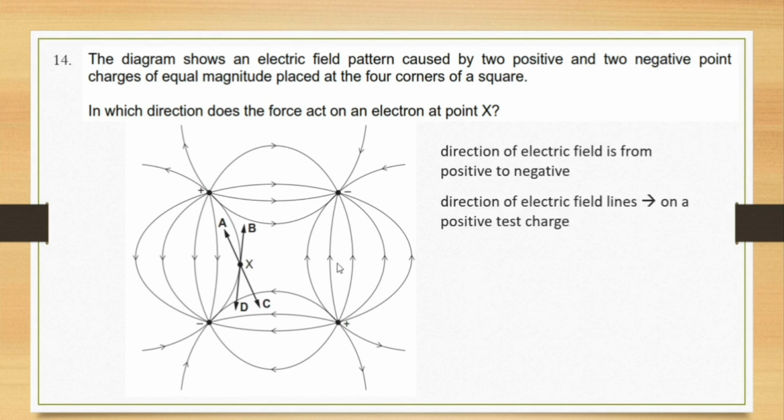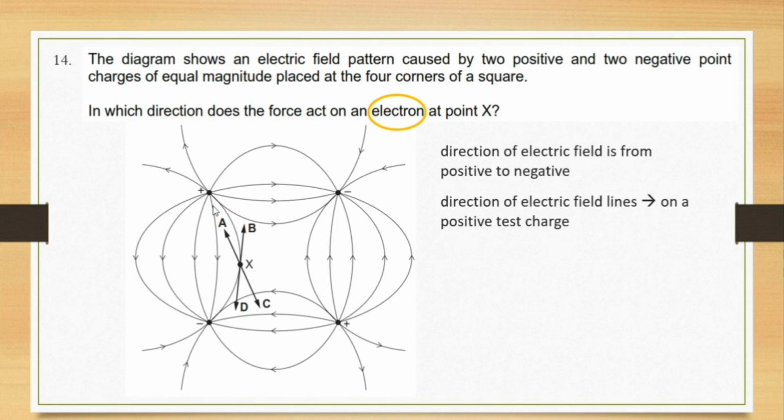So those electric field lines show the direction of the force on a positive test charge. Since now we are dealing with an electron which has a negative charge, the direction of the force on it will be opposite to the direction of the force on a positive charge.